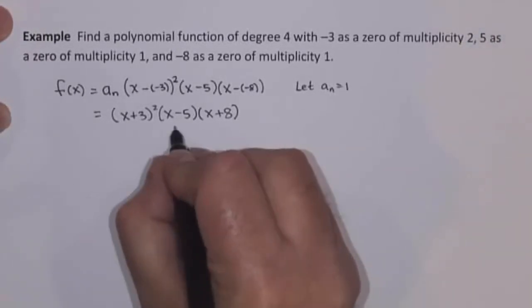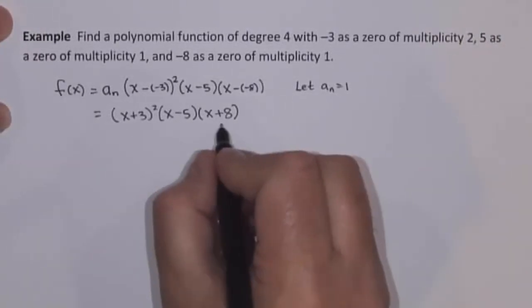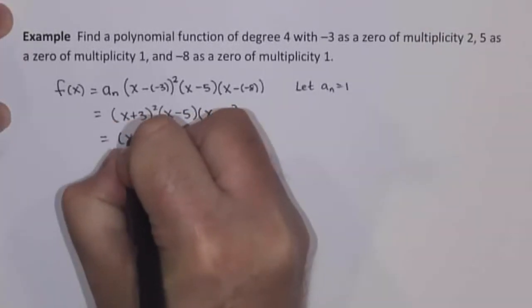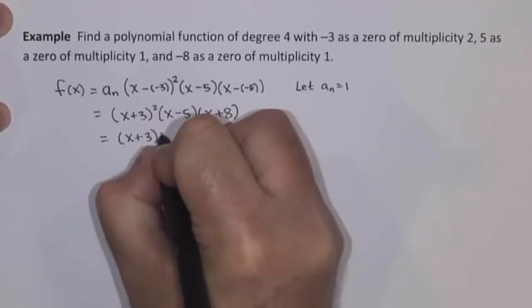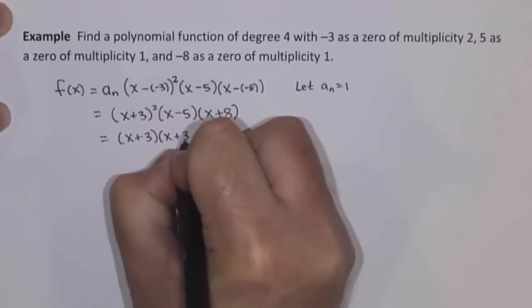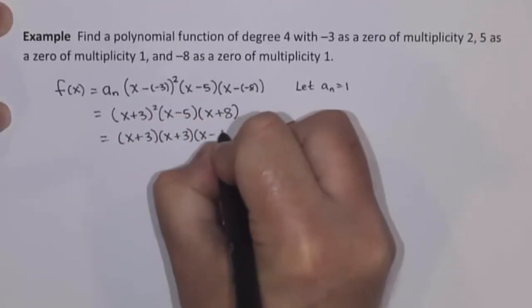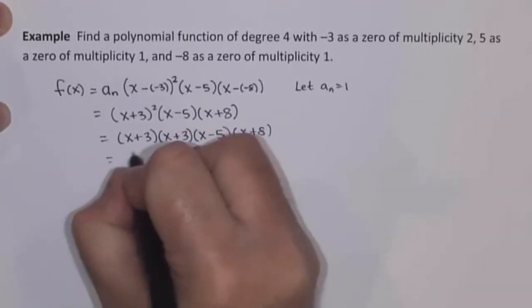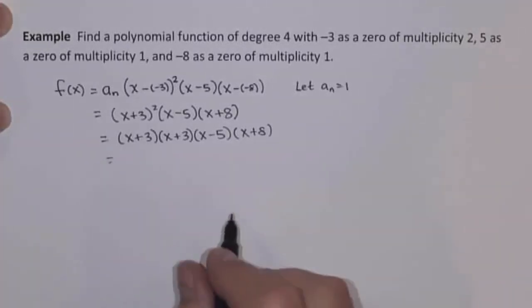So I'm going to start with the x minus 5 times the x plus 8, and I'm also in the process going to write my x plus 3 squared as x plus 3 times x plus 3. In fact, I think what I'm going to do is just go ahead and multiply this out and multiply this out.